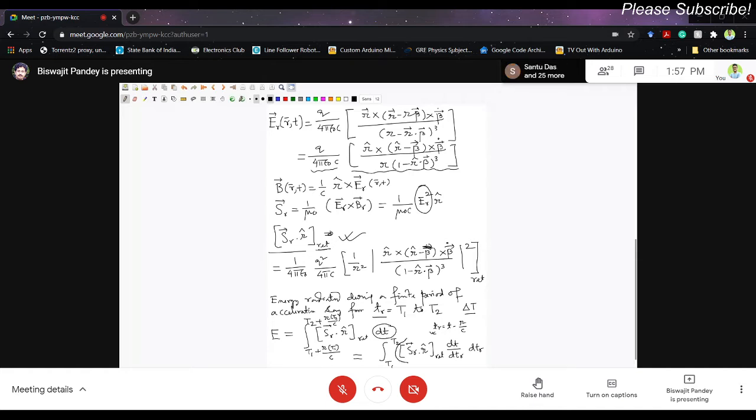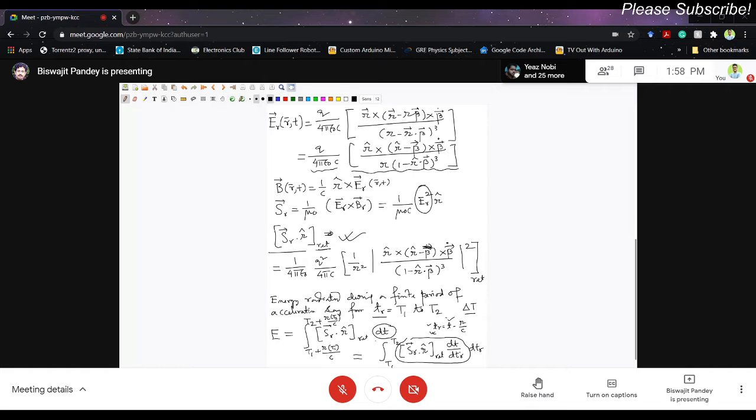So look at this expression: S dot r cap into dt over dtr. What is the difference between this and this? Energy per unit time is power, right? So this quantity is the power radiated per unit area in the observer's time dt, where t is the observer time, and this is the charge time.